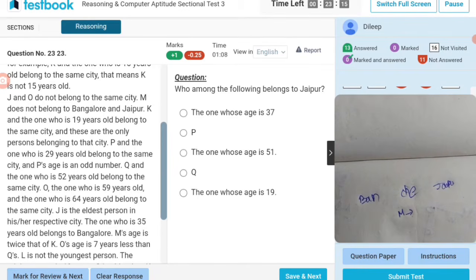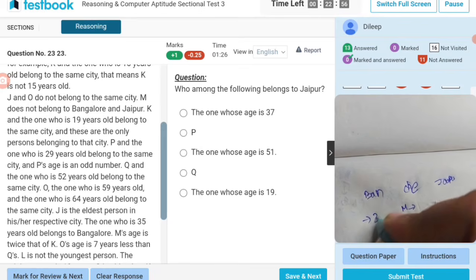So Q and the 59 years old are in the same city. So O is 59 and 64. J is the eldest person with respect to city. 35 years old belongs to Bangalore.